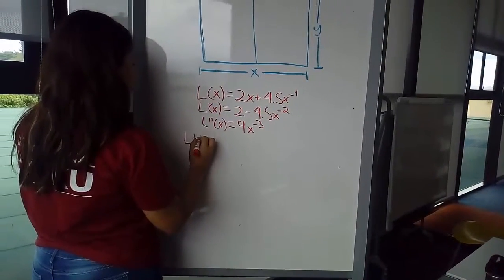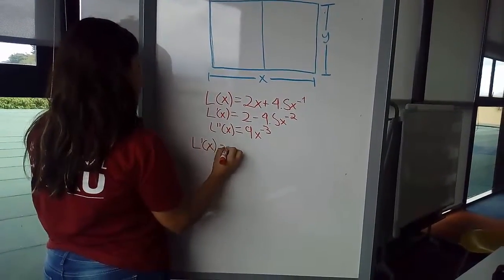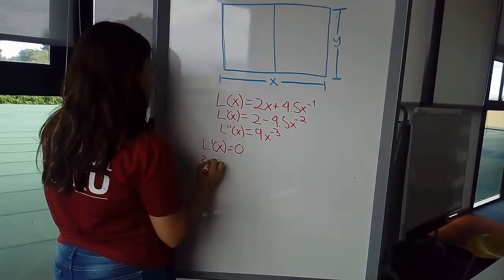Now, let's look for the critical points of the function. We take the first derivative and make it equal to 0.